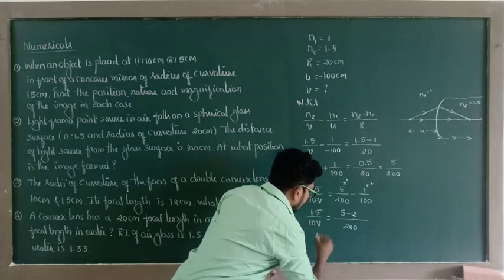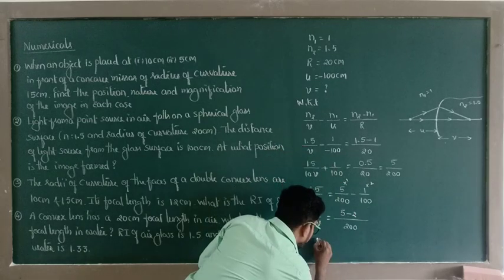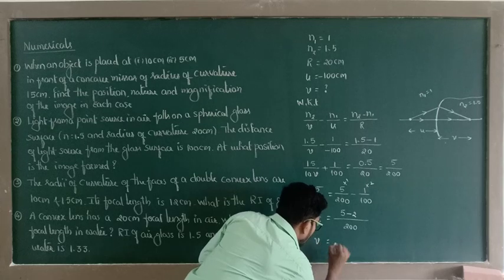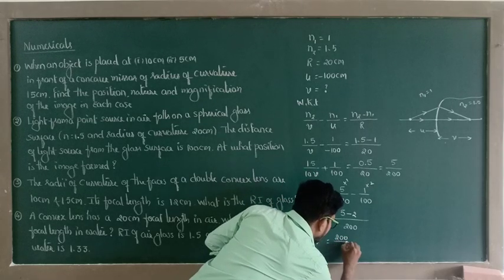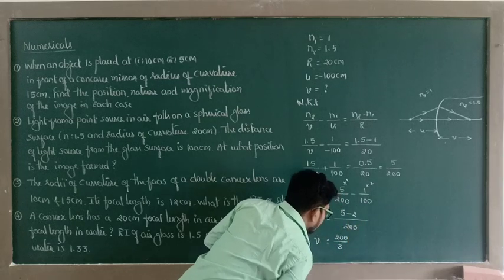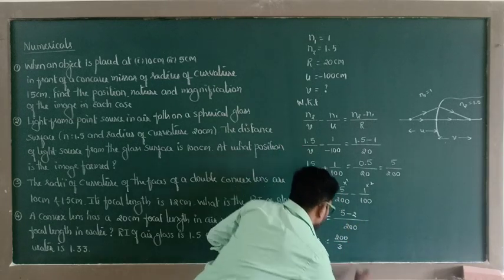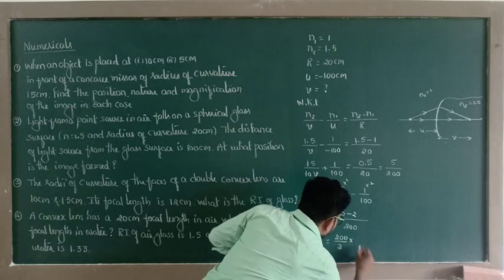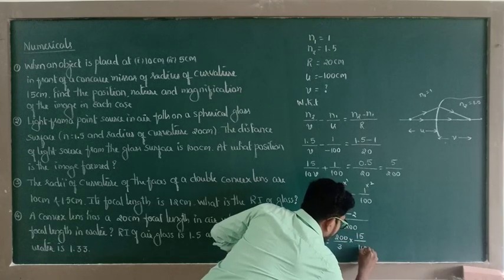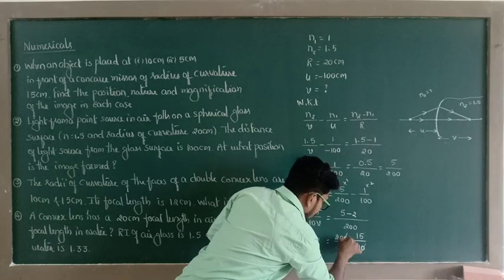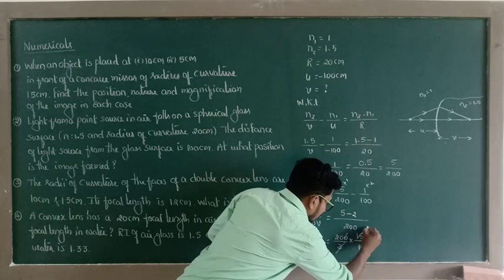Then v is equal to 200 divided by 3 into 15 divided by 10. Three ones are 3, 3 fives are 15.